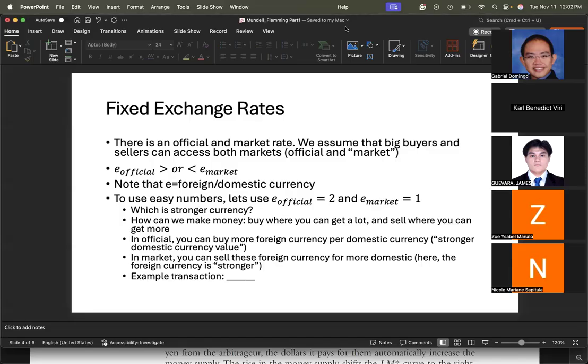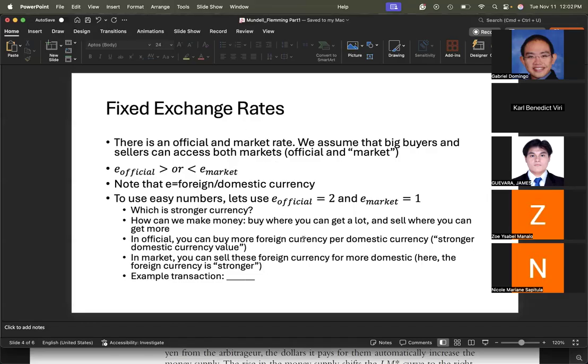So I'm gonna pause here first, waiting for a response, either a mic or sa chat. Your choice. Should I repeat the question? Saan mas malakas? E-official or E-market? Mas malakas ang domestic currency. Okay.